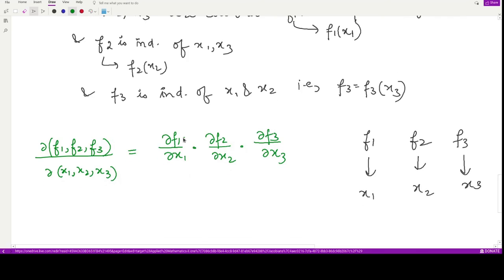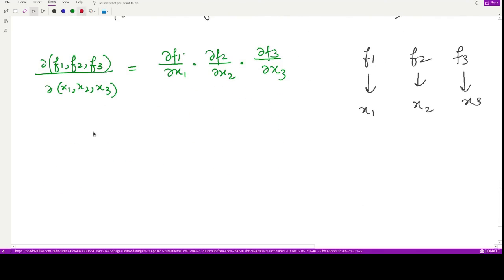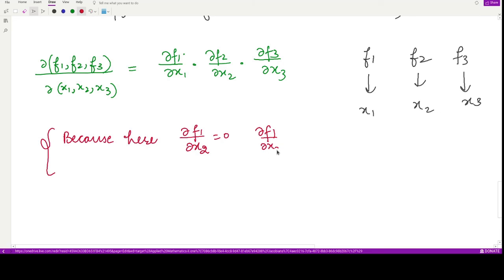Because all the other derivatives would be 0. As f1 only depends on x1, the derivative of f1 with respect to x2 and x3 would be 0, and similarly the derivative of f2 with respect to x1 and x3 would be 0, and so on. Because these terms are 0, the Jacobian is the product of the diagonal terms.